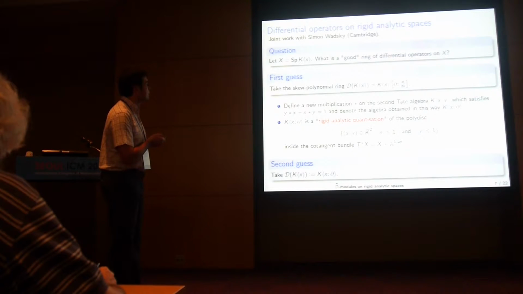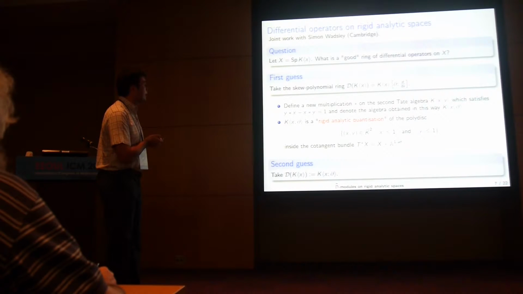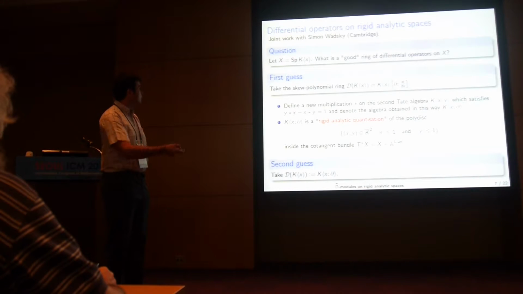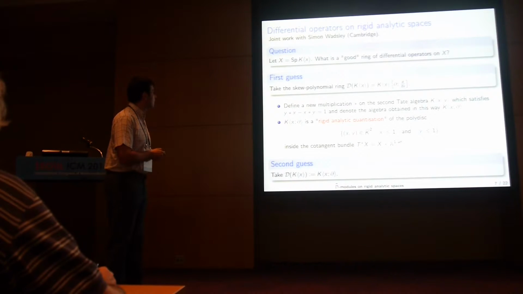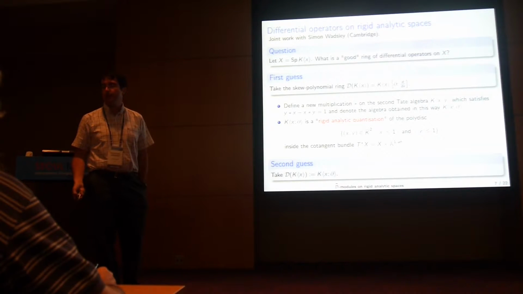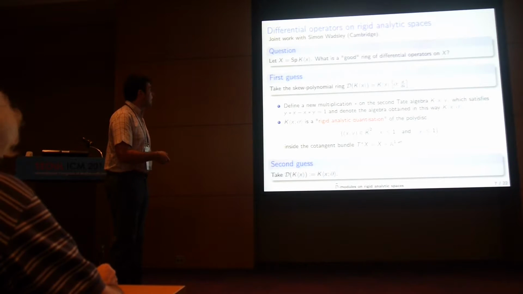Well, why not just make x and del symmetric? So consider the second Tate algebra, K<x,y>, restricted power series in two variables, commutative. Now I'm just going to, by brute force, define a new multiplication on it, star, which satisfies this relation. I'm not going to actually give a definition here because the formal definition will come later, but the fact is you can easily do this.